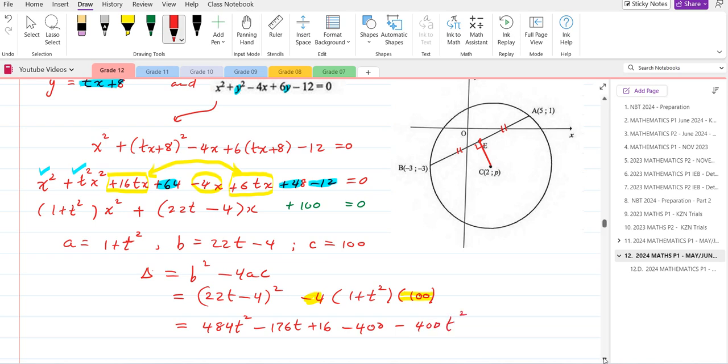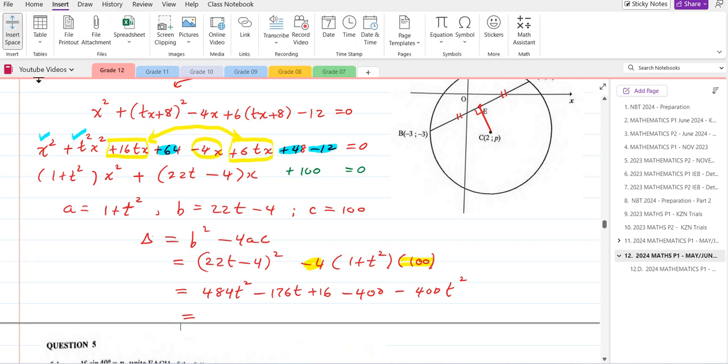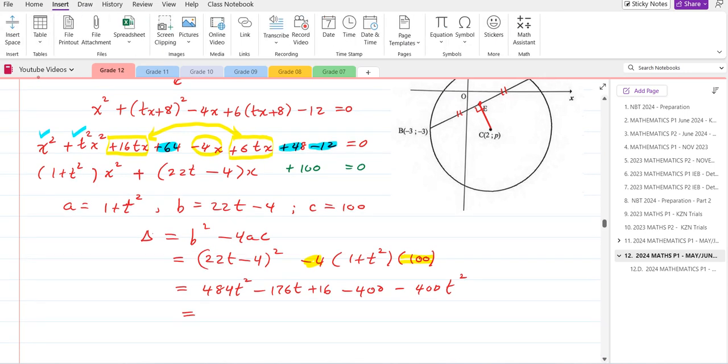Right, so I hope you guys are understanding. Now let's simplify. We got a nice quadratic here. Very difficult, guys. Right, so 484 minus 400 is 84t squared minus 176t, and 16 minus 400 is minus 384.